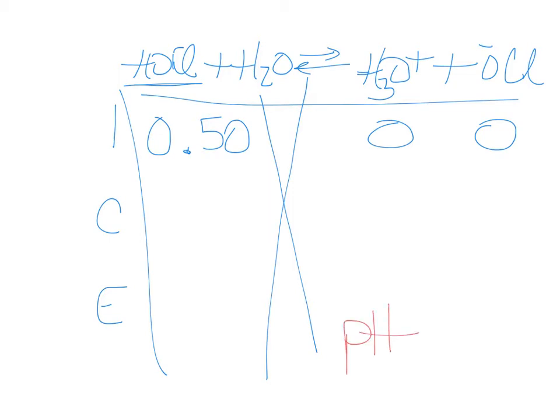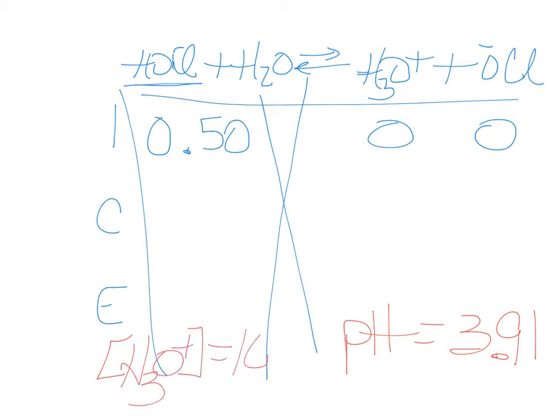That is an equilibrium situation, and the whole purpose of knowing pH is you can use it to calculate hydrogen ion or hydronium ion concentration. So here's the formula. 10 raised to the minus pH, so 10 raised to the minus 3.91 will give you the hydronium ion concentration at equilibrium.